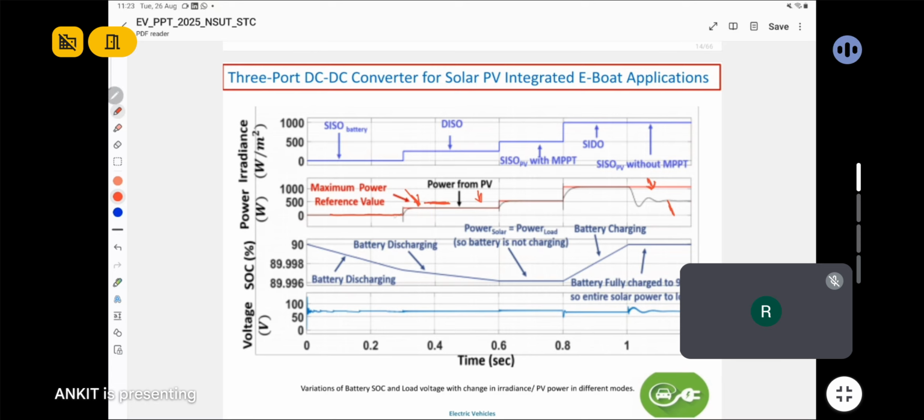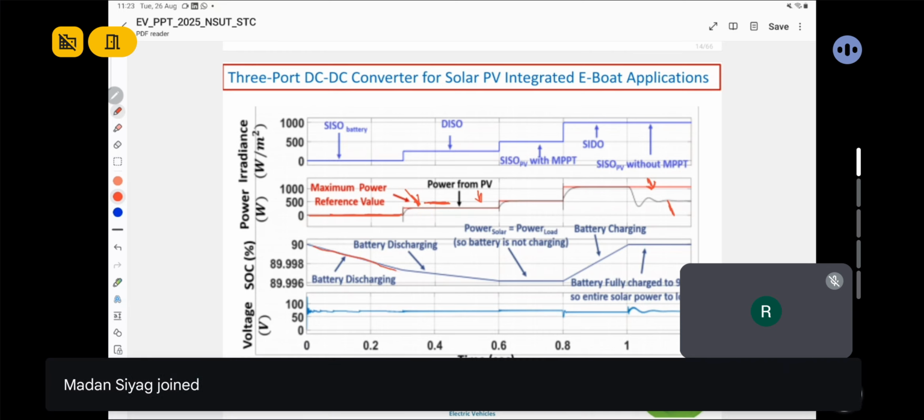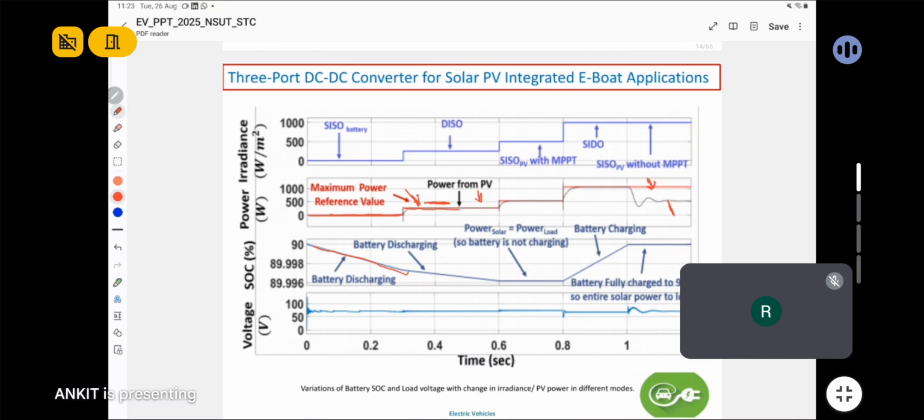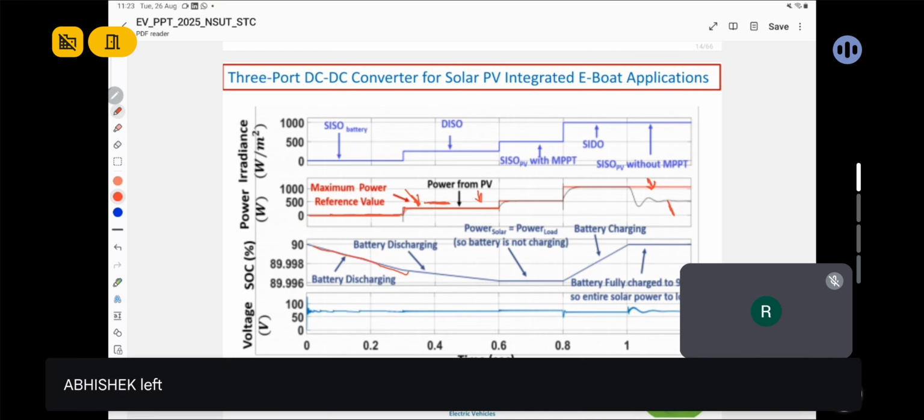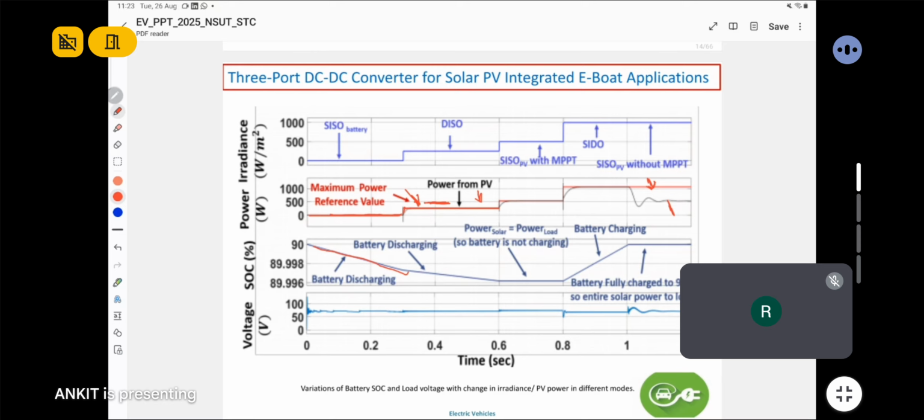So initially there is no solar PV generation, so to provide power to the load, the battery will discharge, and the SOC of the battery will decrease. Again here the solar PV is generating power, but not the required amount to satisfy the load, so the battery will again discharge to supply the load.